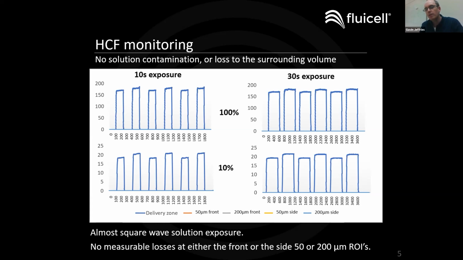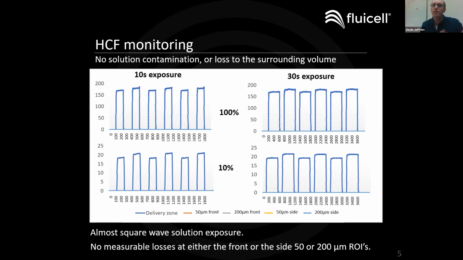What you also get from this is, by studying the hydrodynamically confined zone, we can see that we're actually getting fairly square wave activation. We get very sharp on and off times. And when you're looking at compound delivery for studying these kinds of things that have been described today, looking at ion channel responses, it's very good to be able to decouple the liquid delivery from the actual response of the ion channels or the biology itself.